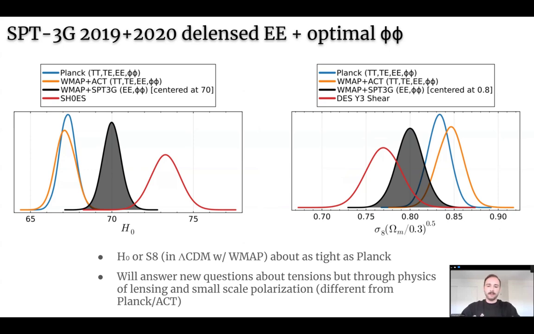And of course, the main thing is that it's not just another cross-check of the same modes in the CMB. This is really this new regime of small-scale polarization lensing that will be sort of an independent check of ΛCDM. And you can imagine if there's some modified physics that is needed to explain any of these, it could impact things like large-scale temperature differently than this really small-scale polarization and lensing.